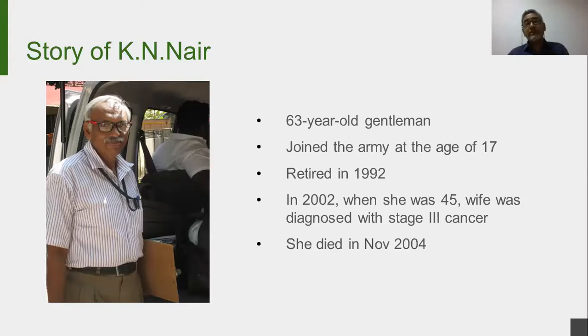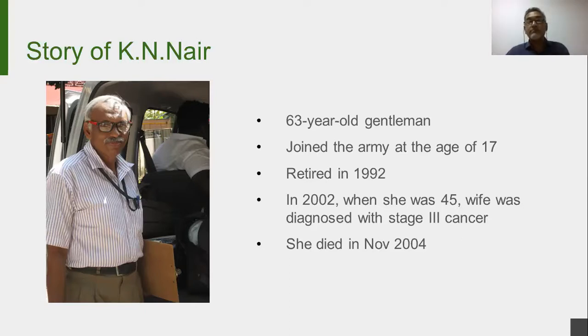Now, it was in 2002 that she was diagnosed with cancer, but then it was too late by the time. It was stage 3, and nobody could help her get over that. Can someone here give me an idea about what this person would have gone through when she was finally diagnosed?